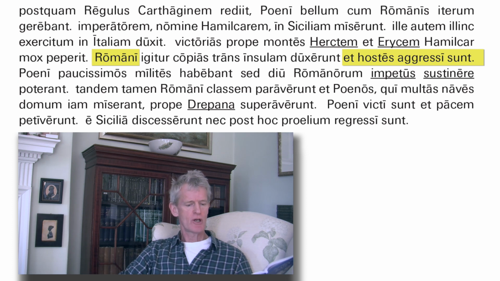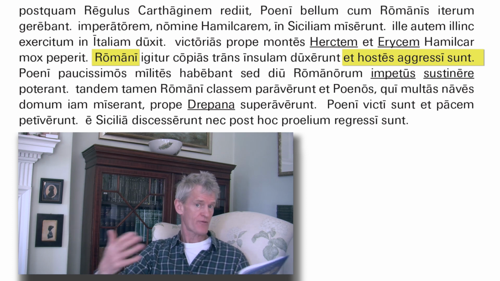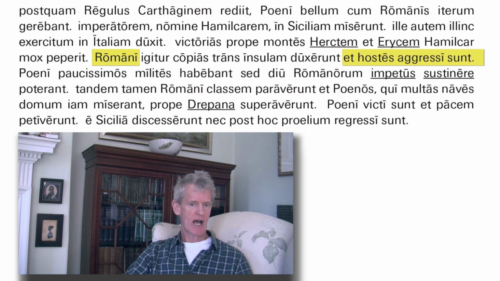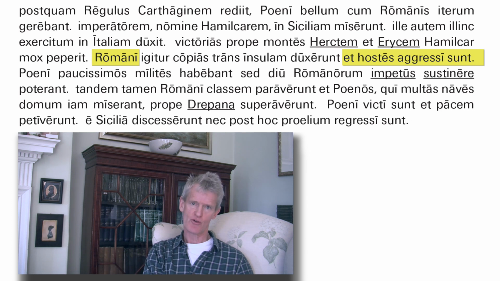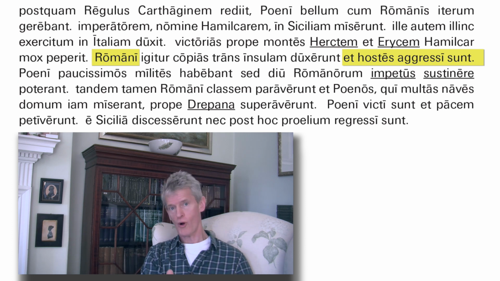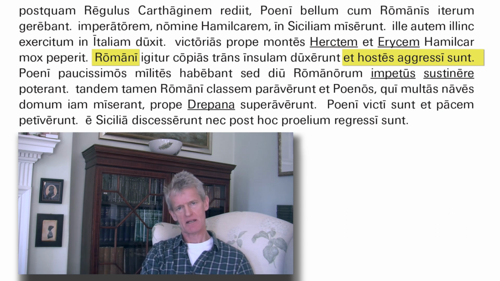Okay, so we can, from that basic rule, assume that the subject of aggressi sunt is the same as the subject of duxerunt, in other words, the Romans. And hostes, which could have been subject or object, is therefore much, much more likely to be the object. And they attacked the enemy.